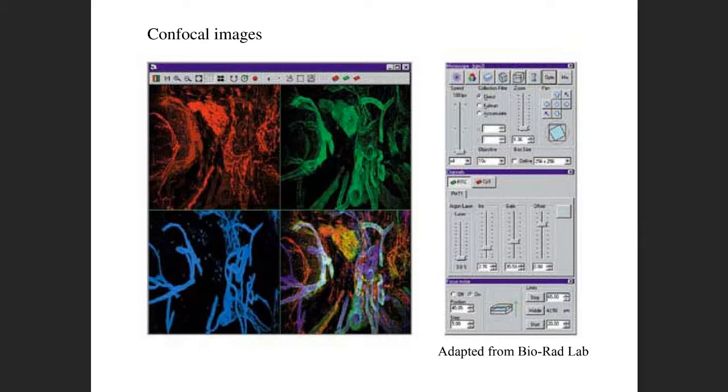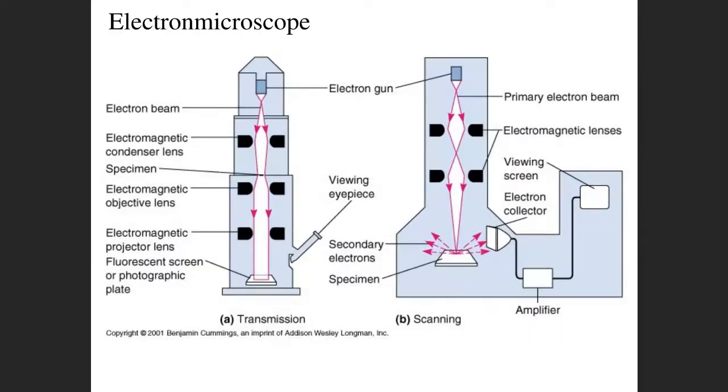Now, those are the improvements with the light microscope, and then we go to the electron microscope. There are two different types of electron microscope. One is transmission, one is scanning. The key difference is the electron beams. That comes through here.